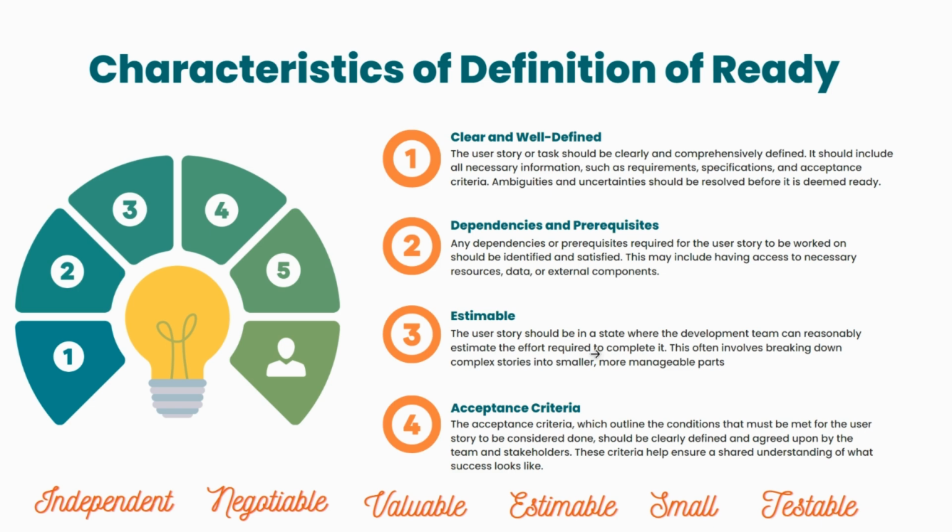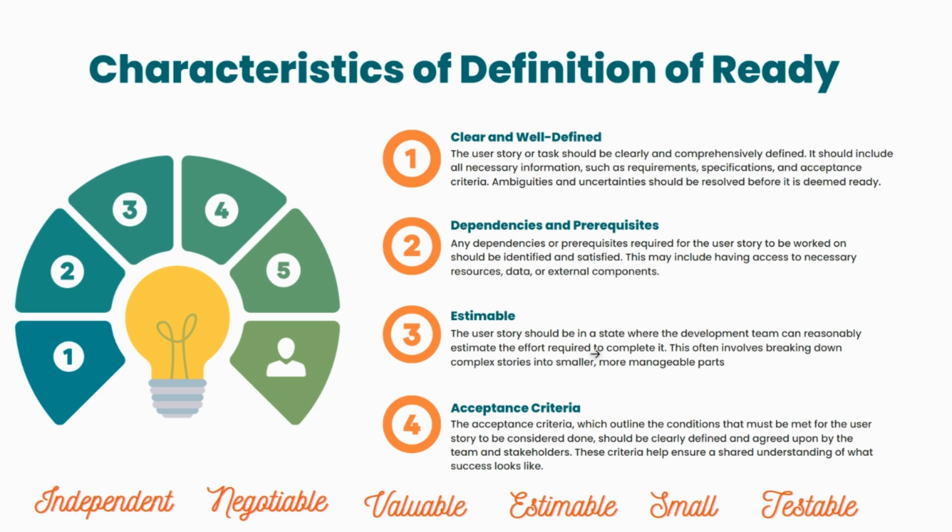One important thing, when definition of ready is followed or is being executed, you have to understand it is the time of backlog refinement. The backlog is created by the product owner. Now, before we start the sprint planning, we have to groom the stories, and we do backlog grooming.